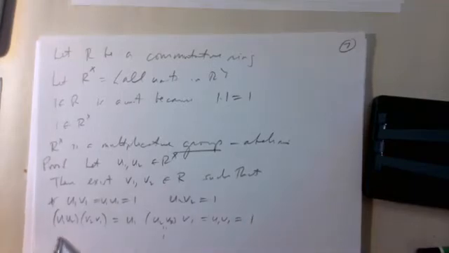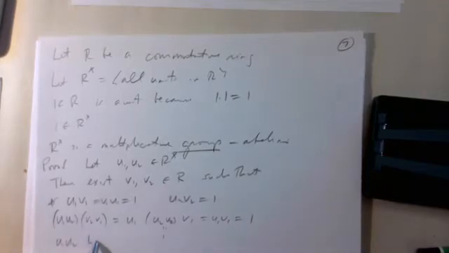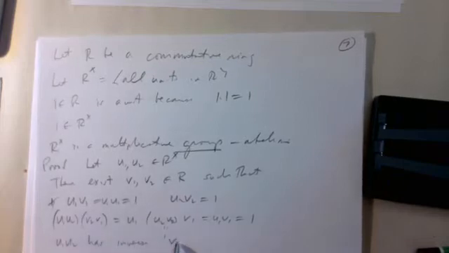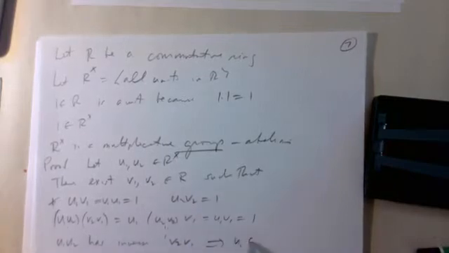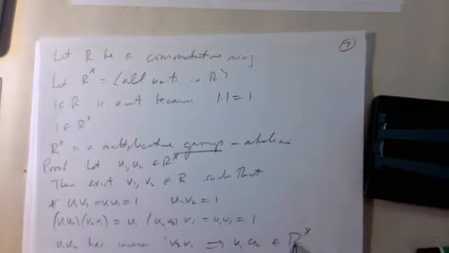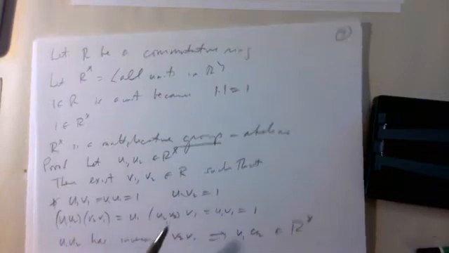So U1, U2 has inverse V2, V1. So U1, U2 is a unit. So it's in the set of units. So this set is closed under multiplication.